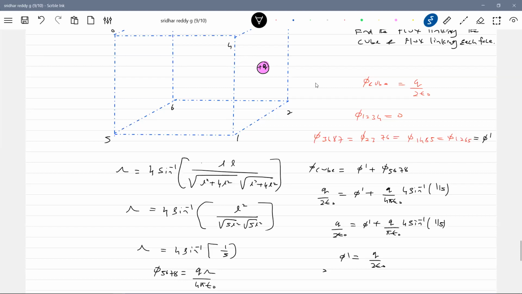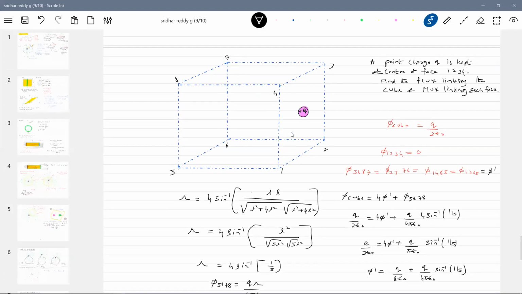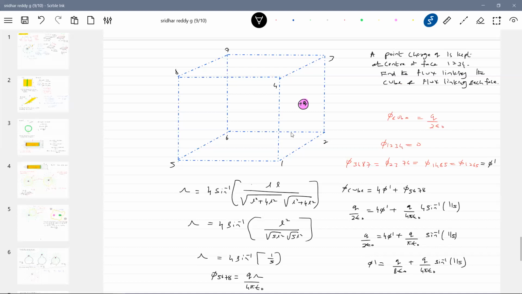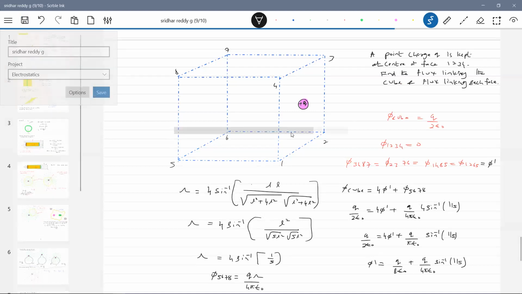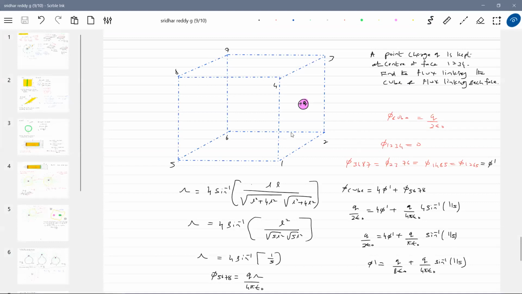For 4 faces, phi dash will be needed, so 4 faces will come, and this 4 will get eliminated. There is a possibility of questions of this level also, so you had better remember the formula. Not only this, wherever the point charge is kept in the cube, to some extent you can manage with this formula.